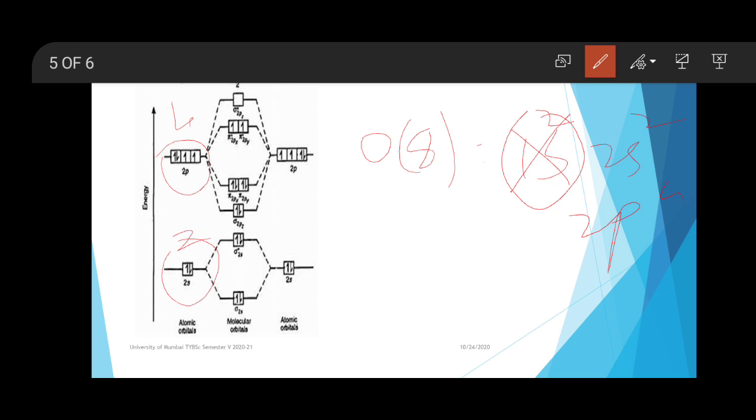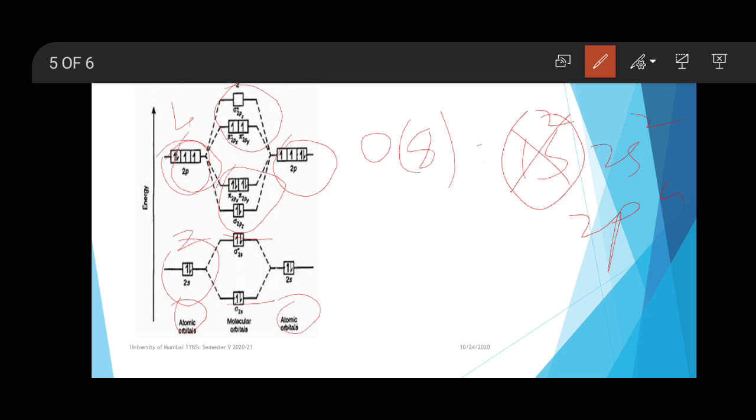When the 2s orbital of the first oxygen atom combines with the 2s orbital of the second oxygen atom, two molecular orbitals form, one bonding and the other anti-bonding. Similarly, when the 2p orbitals of one oxygen atom combine with the 2p orbitals of another oxygen atom, again there is formation of bonding and anti-bonding molecular orbitals.